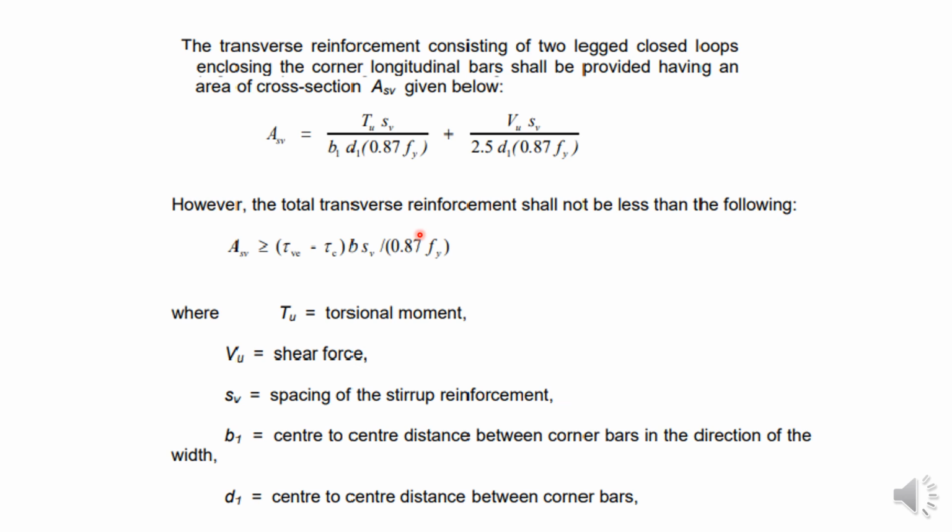However, the total transverse reinforcement shall not be less than this: Asv greater than or equal to tau Ve minus tau c into b into Sv divided by 0.87 fy, where Tu is the torsional moment, Vu is the shear force, Sv is the spacing of stirrups, b1 is the center to center distance between corner bars in the direction of width, and d1 is the center to center distance between corner bars.